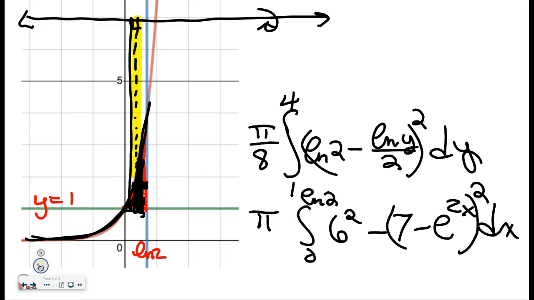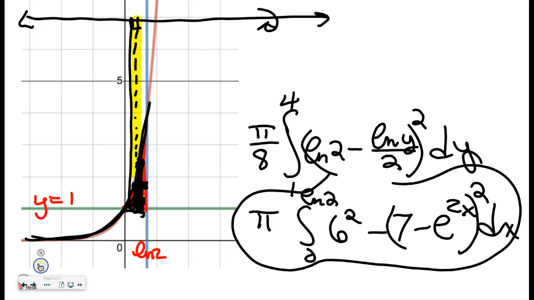Well, a lot of kids are going to forget to square it, so they put that one there. A lot of kids will do big R minus little r quantity squared, so they'll put that one there. When it's dy, kids are going to forget and go across the x-axis, so they'll put that one there. They're all reasonable answers, and that's deadly. So that's why I'm spending so much time on this. This one's now done. Okay.